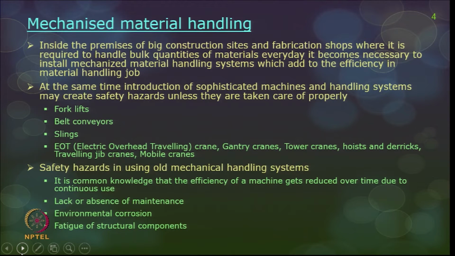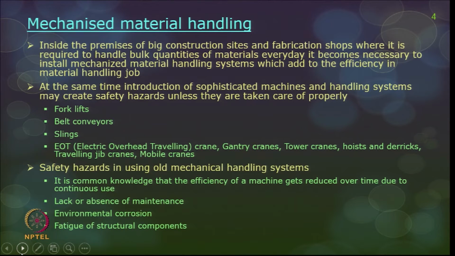Safety hazards in old, when you have a pretty old mechanical machine for handling the material, the efficiency may be lost over a period of time because of wear and tear and continuous usage that you may have to take care of. Lack or absence of maintenance, primarily you have to keep the machine in good condition till it is operational.